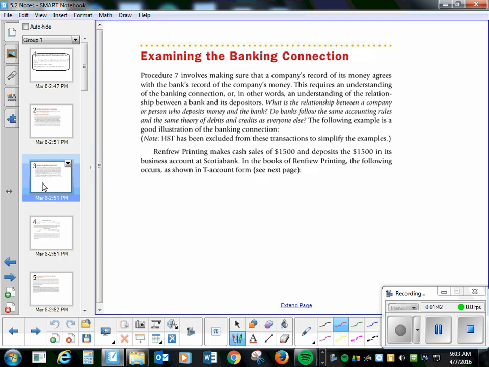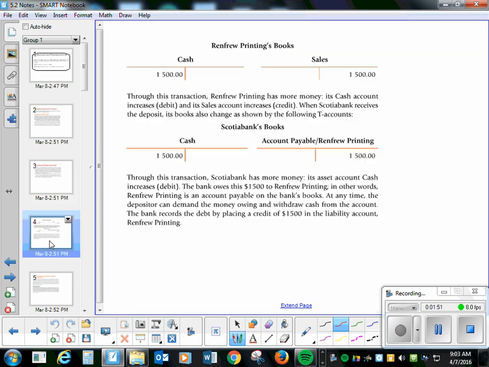So Renfrew Printing makes cash sales of $1,500 and deposits the $1,500 in its business account at the Scotiabank. In Renfrew Printing's books, the transaction is going to look like this. We have a debit to cash and we have a credit to sales. Now in the bank's books, they're receiving the cash and it's going into accounts payable to Renfrew Printing.